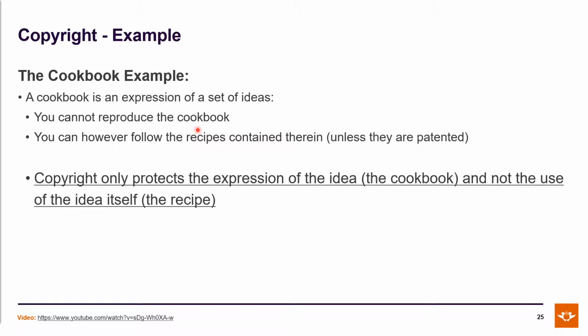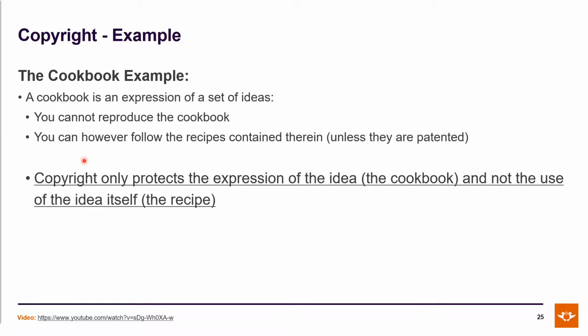What copyright does not protect is the way in which the content of the cookbook is used. So you can go and buy the cookbook and then produce the recipes.